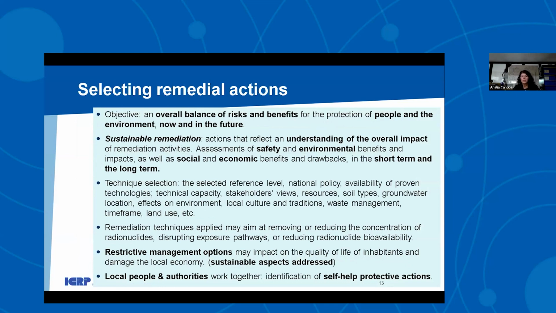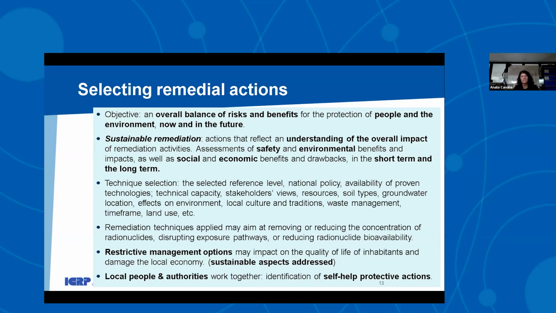And it is important we mention a term, sustainable remediation, that is the recommendation to perform a sustainable remediation. That means actions that reflect an understanding of the overall impact of the remediation activities and the assessment of safety and environmental benefits and impacts, and also what are the social and economic benefits and the drawbacks in the short term and the long term.